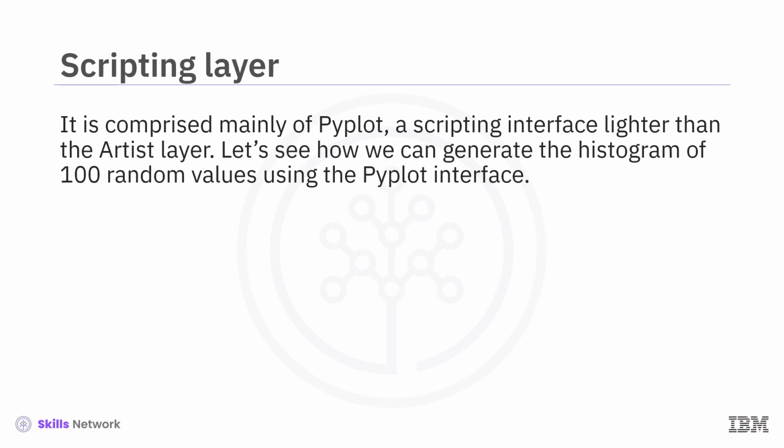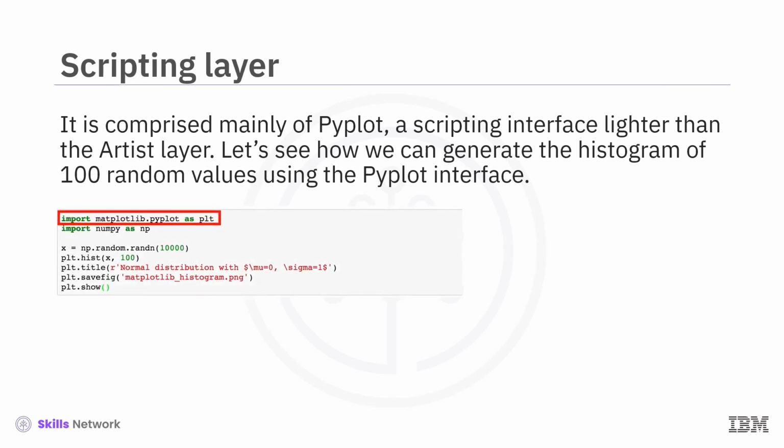When it comes to the daily tasks of scientists involving data visualization or exploratory interactions, the scripting layer, known as PyPlot, works better. Matplotlib's scripting layer is the matplotlib.pyplot interface, which automatically defines a canvas and a figure artist instance and connects them. So let's generate a histogram of 10,000 random numbers with the scripting layer.